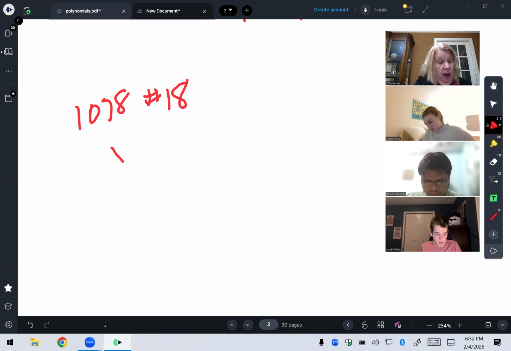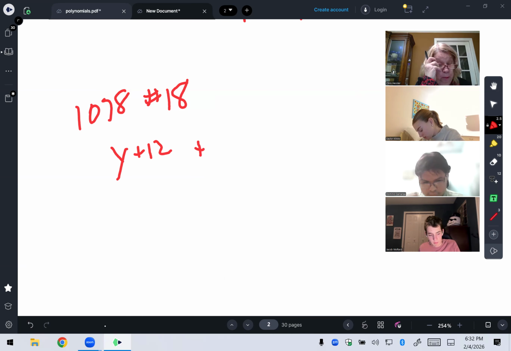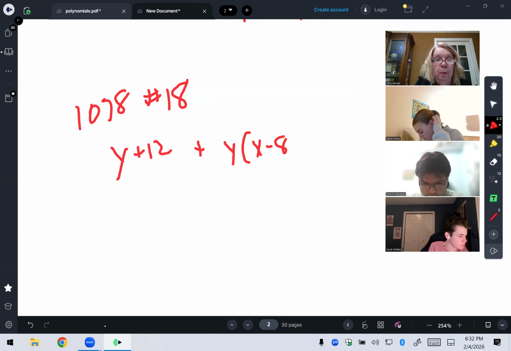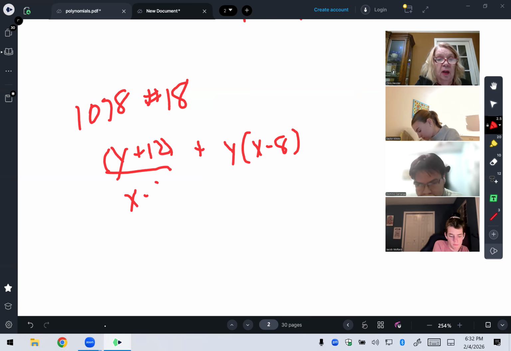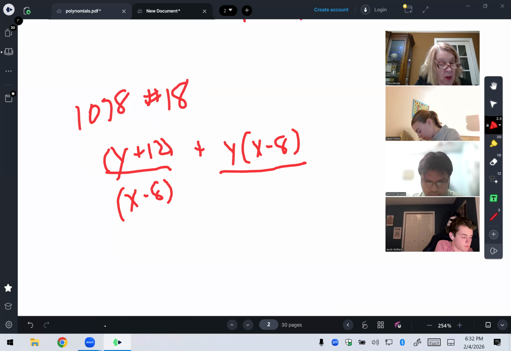So basically we have y plus 12 plus y times x minus 8. And they're both over x minus 8. Well, let's factor this out. So we can factor out an x and a y. I'm just going to do it down here.